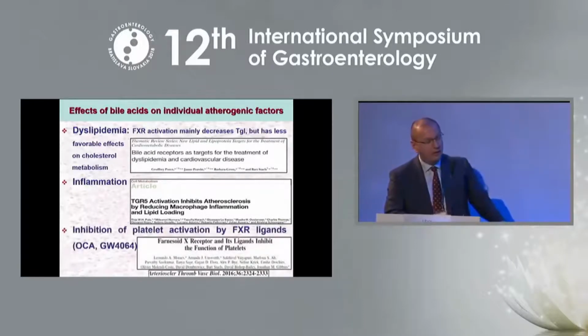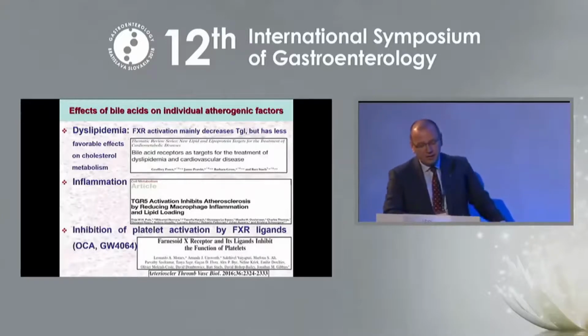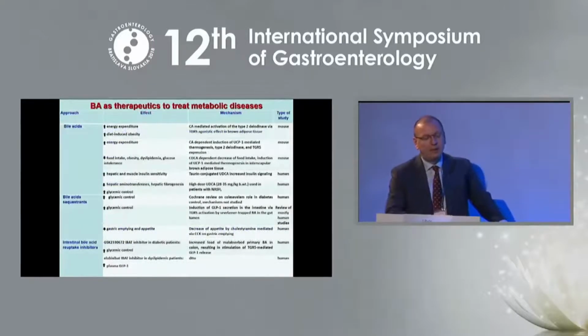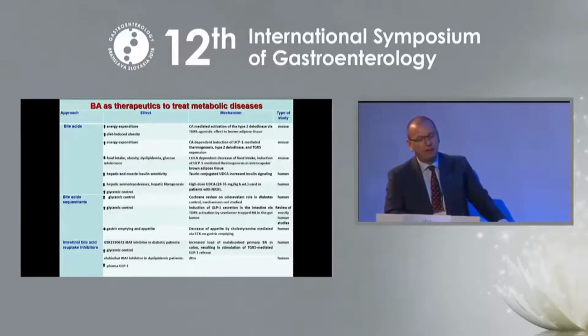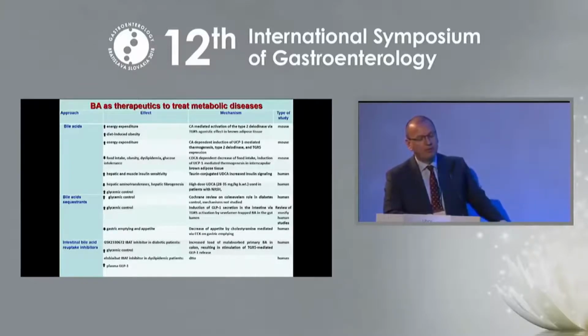They can even inhibit platelet activation and aggregation by FXR modulation. It seems that the metabolism of bile acids can really be a therapeutic target, or a novel therapeutic approach for these diseases.